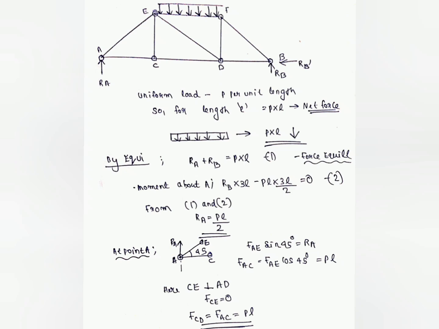So FCE is 0, and FCD will be equal to FAC. As we know FAC as PL, I finally get the value of FCD as P into L. So the answer is P into L.